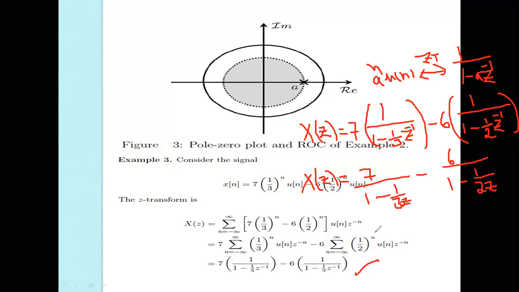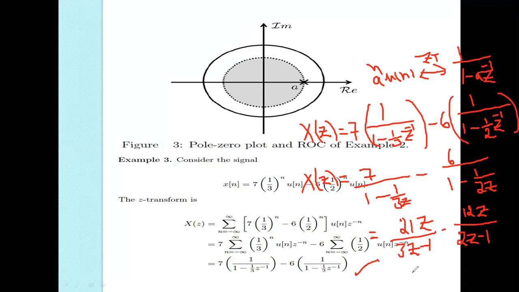which is equal to, you can bring it in the numerator, 7 times 3 is 21z, divided by, take the LCM here, 3z minus 1, minus 6 times 2 is 12z, divided by 2z minus 1.